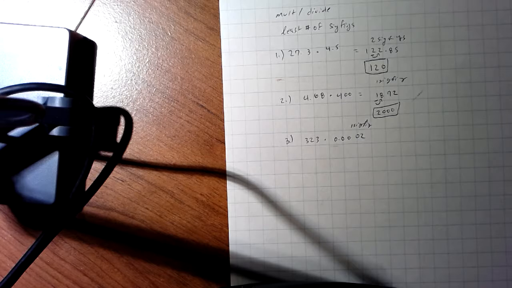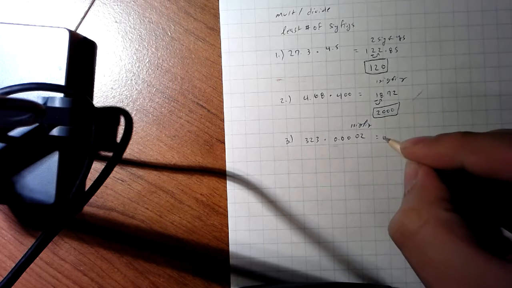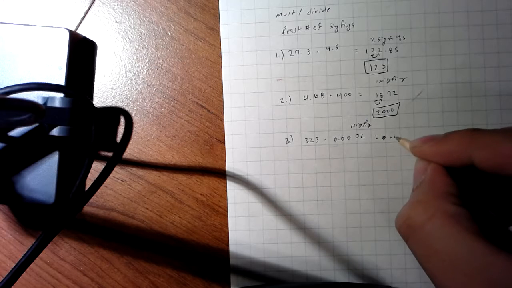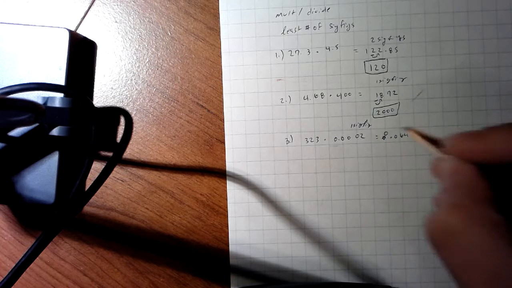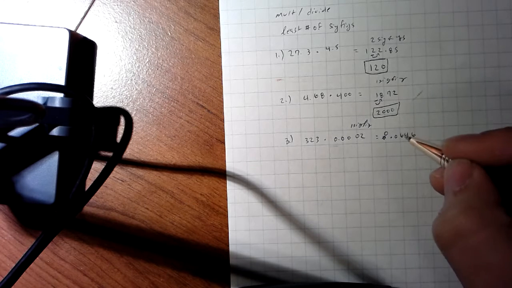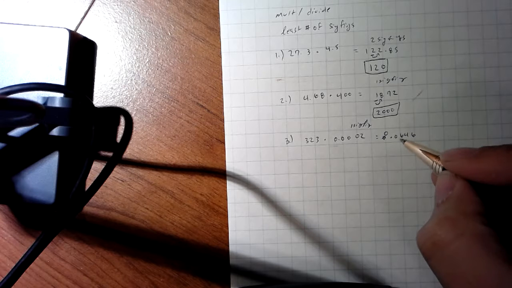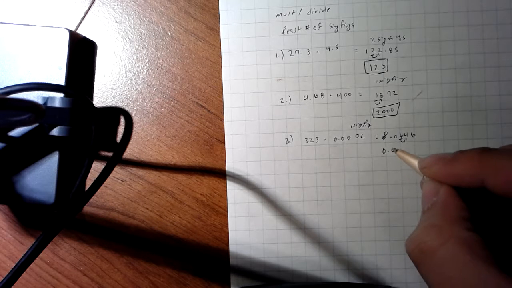So you multiply this the way you normally multiply numbers, 323 times 0.0002. That gives us 0.0646. I should put a 0 in front. We have to round it to 1 sig fig. Our first sig fig is 6. Look at the neighbor. He rounds it down. So we get 0.06.